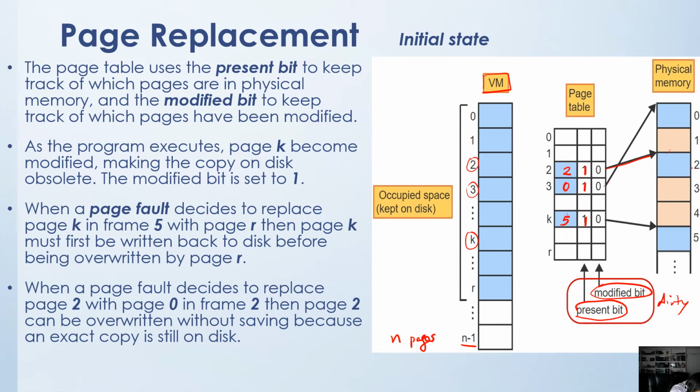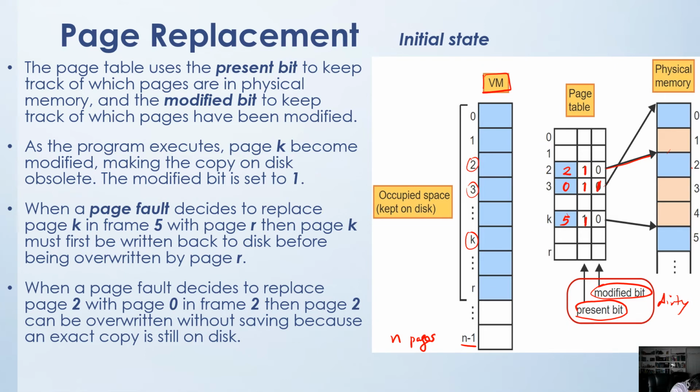After we execute the instructions in page 2, page 3, and page K, certain data in the page may be modified. If the data in the page is modified, then the modified bit will be changed from 0 to 1.